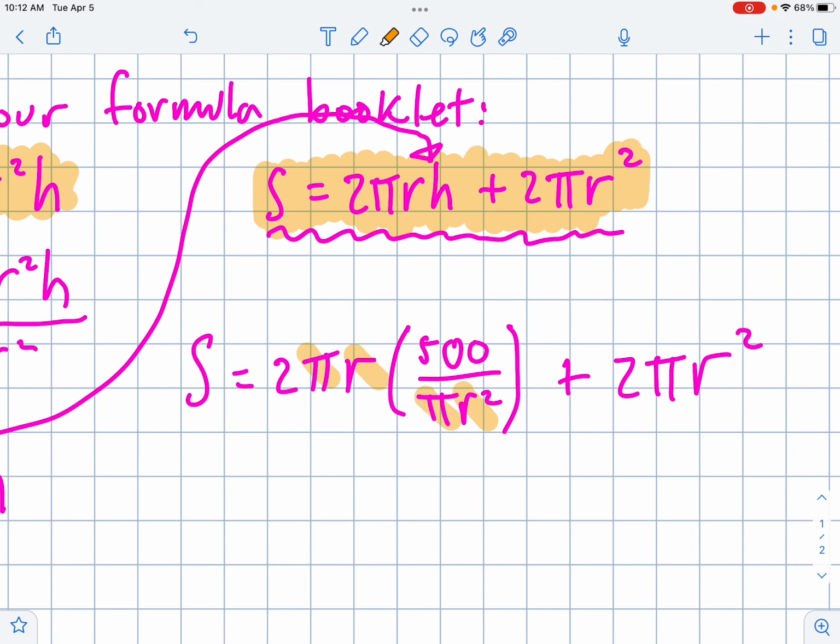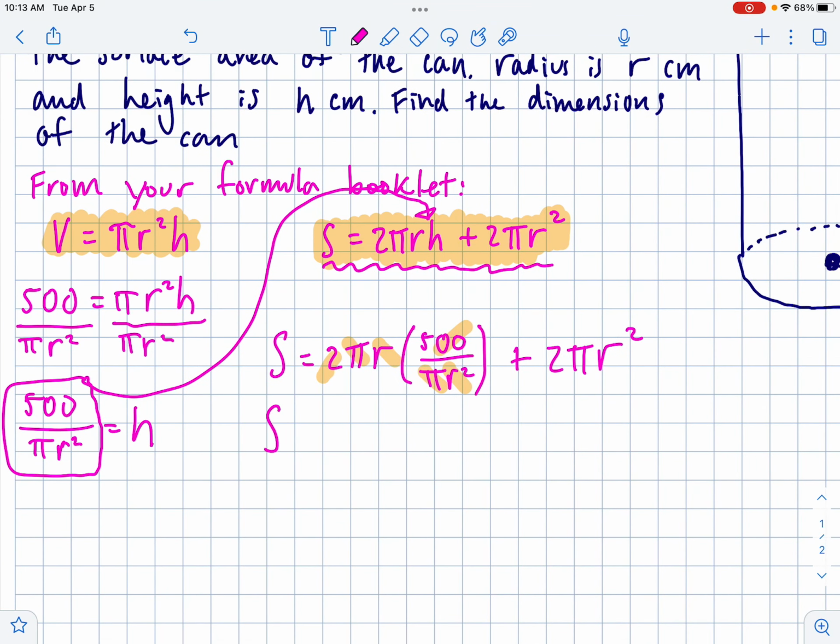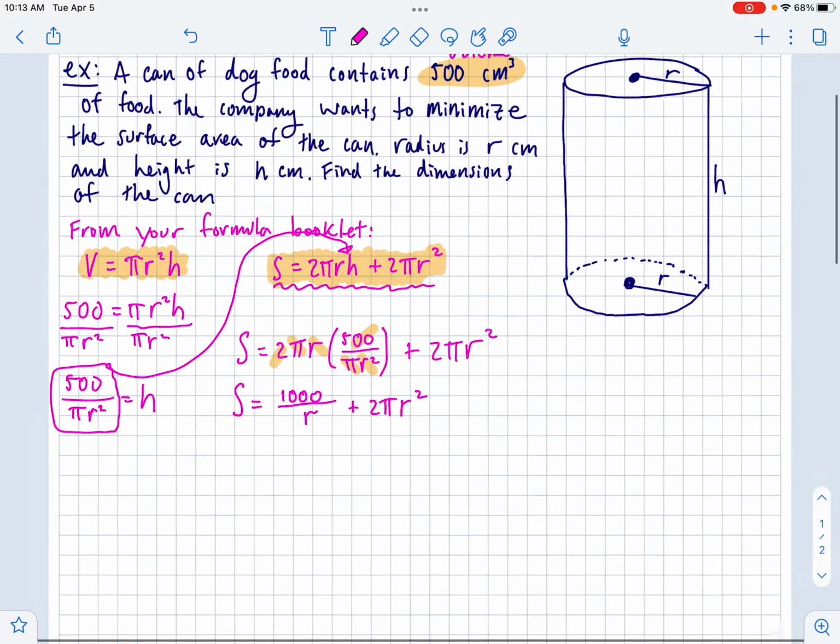What we're going to do first is clean this up a little bit. Because if you zoom in right here, these pi's will cancel out, and also one set of r's will cancel out. And then the 2 times 500 will give us 1,000. So, just a quick rewrite of this. This will become 1,000 over r plus 2 pi r squared.